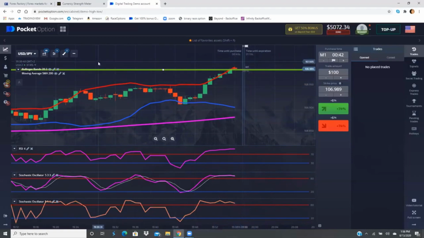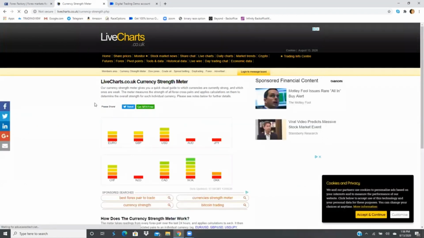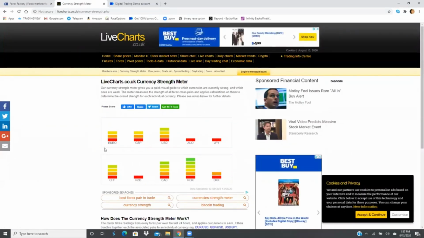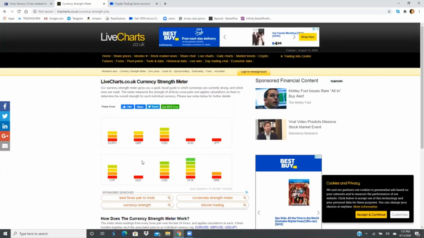So I wanted to show you guys this website. It's called Currency Strength Meter. So this website pretty much tells you the strength of each currency at the current time. So right now at this current time, it's telling me that AUD, JPY, and NZD are very weak. Okay, you see these bars? One red bar means it's really weak.